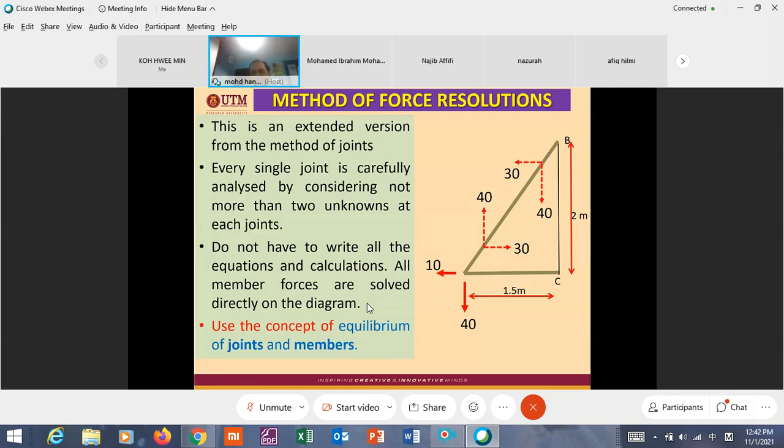Can you see that? Summation of Fx equals 0, 30 minus 30. Summation of Fy equals 0, 40, 40. So this member is in equilibrium, this joint is in equilibrium. Okay, so this is the first resolution. What next?